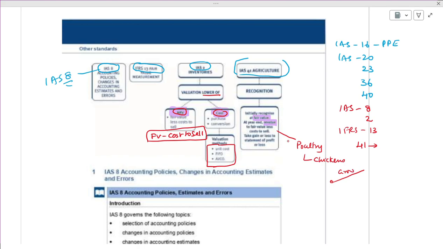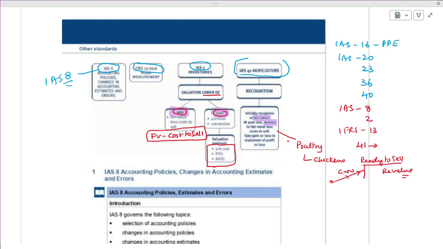When it grows, the value will also increase. At some point of time it will become ready to sell. When it is ready to sell, what do we have to do? We have to revalue. Simple.